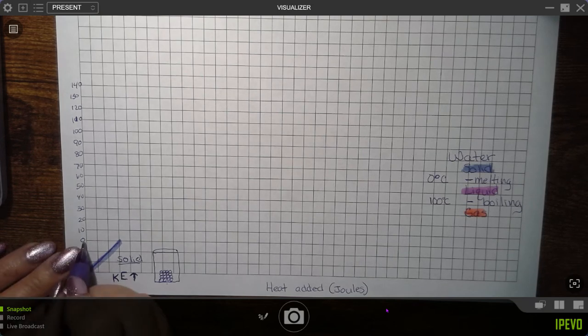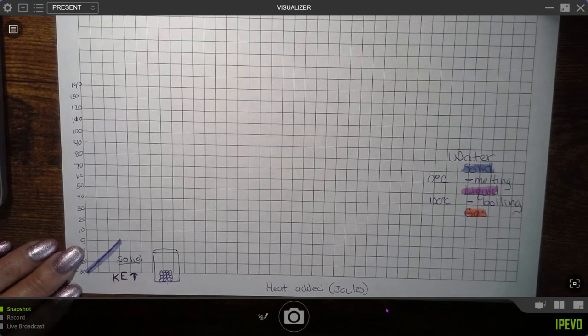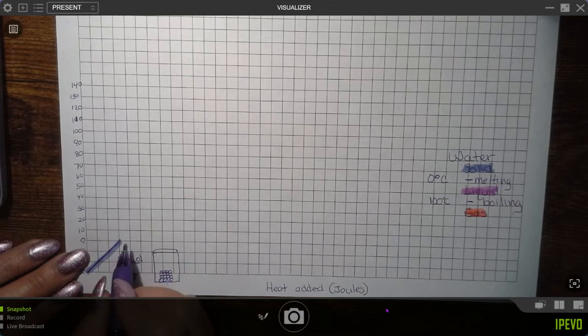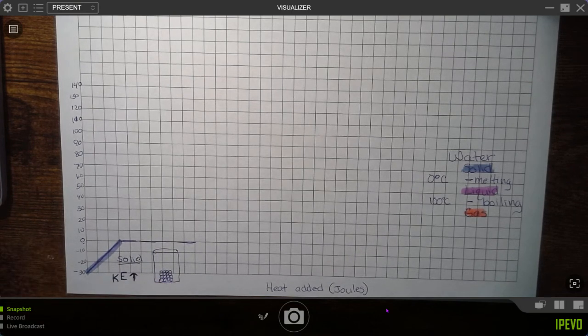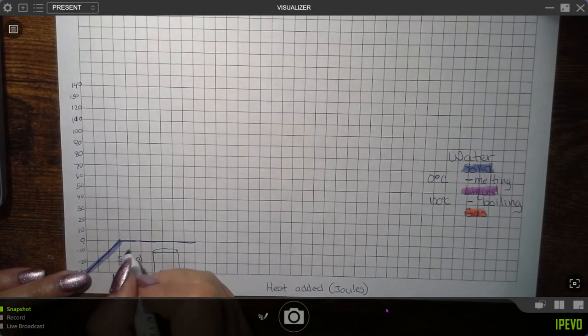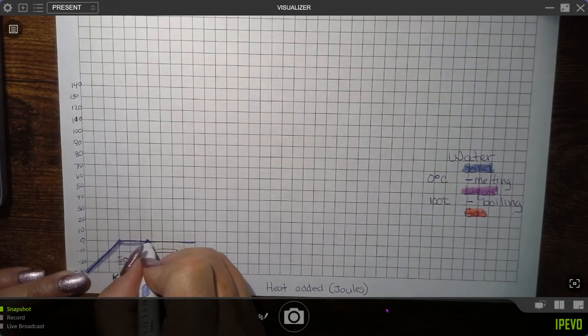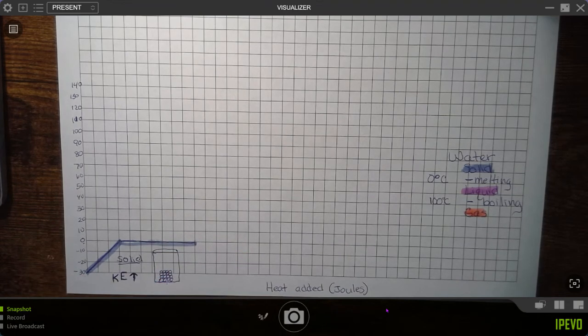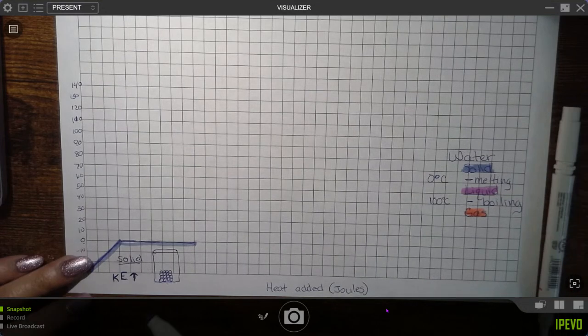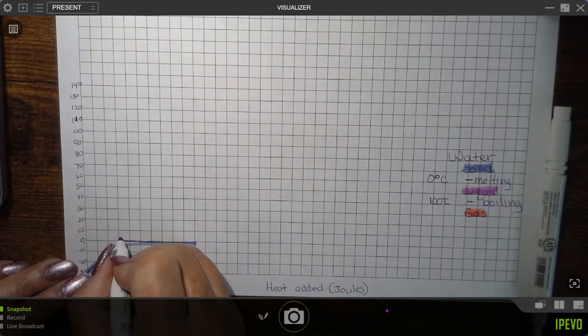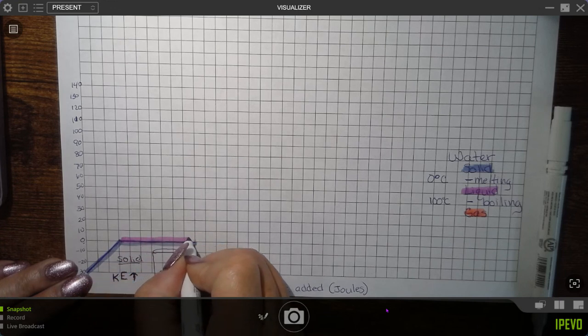When we reach 0 degrees Celsius, the melting point of water, instead of continuing to move up, the temperature is going to be held constant for a while. On our graph, we're going to see a plateau. Along this plateau we're seeing not only solid ice, but also our water, our H2O, gradually turning to liquid.